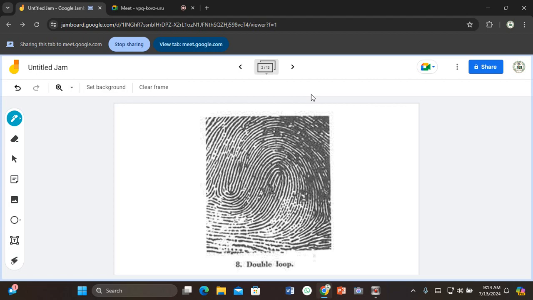Each of the loops may be somewhat similar to the loop you have in the second group, but they are not the same. The double loop consists of two separate loop formations. This is a separate formation of a loop. This is another separate formation of a loop, and two separate distinct sets of shoulders.